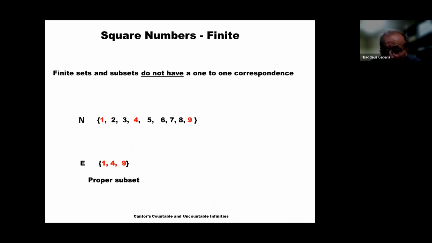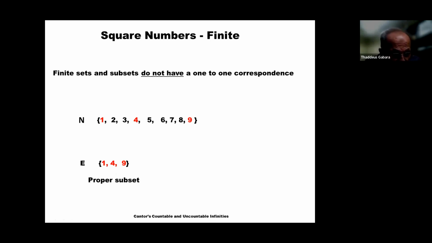Well, we can do this for the squares. If we take a look at the squares and we do a finite representation of the sets, we find that finite sets and their subsets behave differently. So we picked a set N, 1, 2, up all the way to 9, and we terminated it.